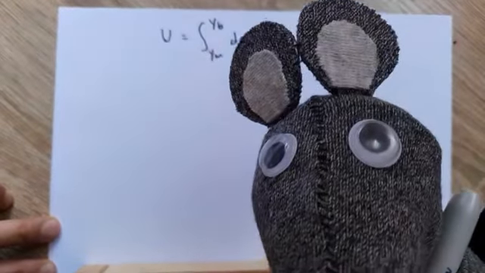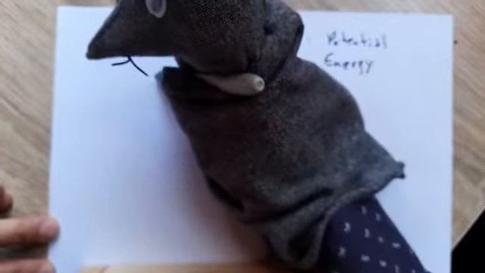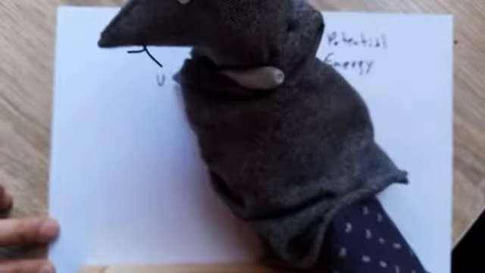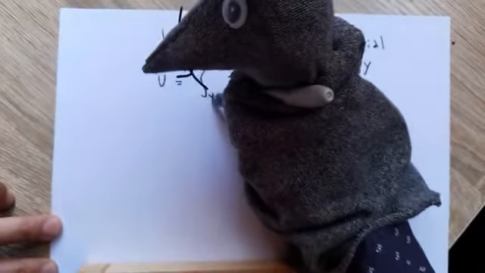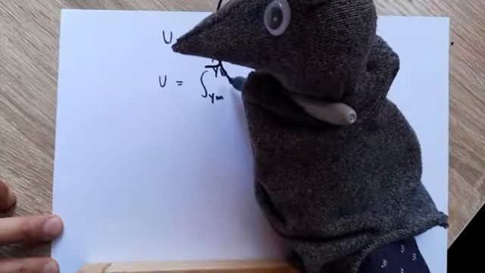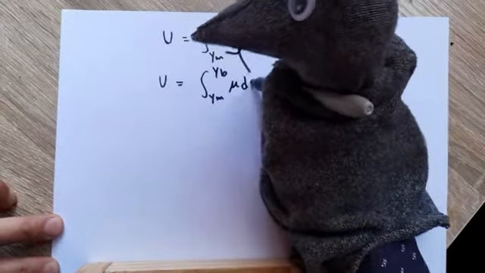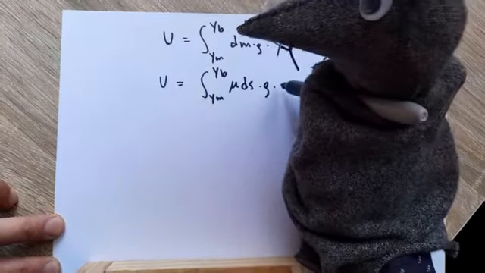We will write it as a function of the differential elements of distance: the integral from ym to yb of mu ds, this is dm, times g times y.